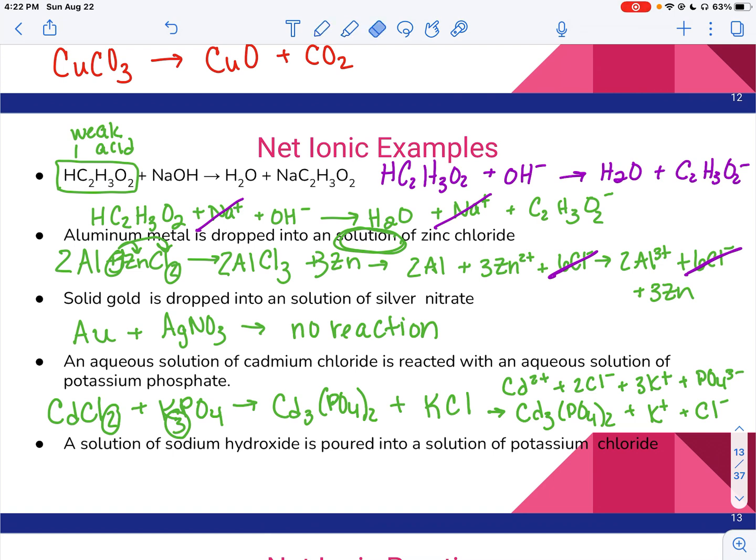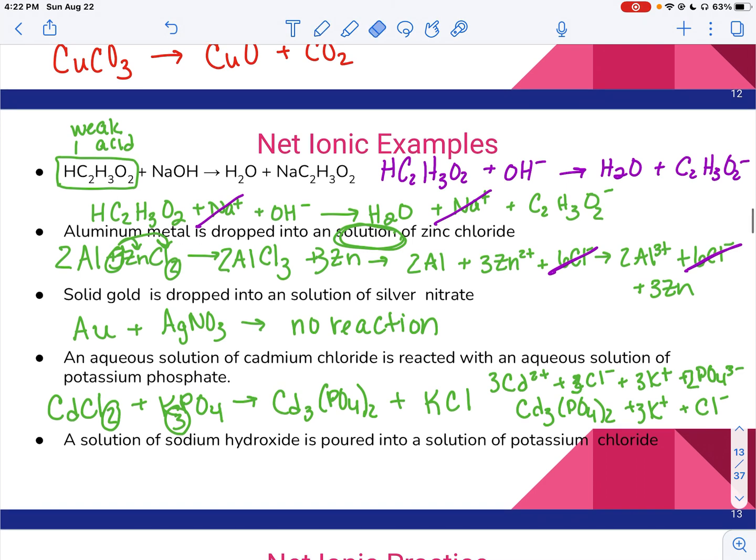So to balance it, I'm going to do a 3 here, a 3 here, 2, and then this is going to need to be 6.